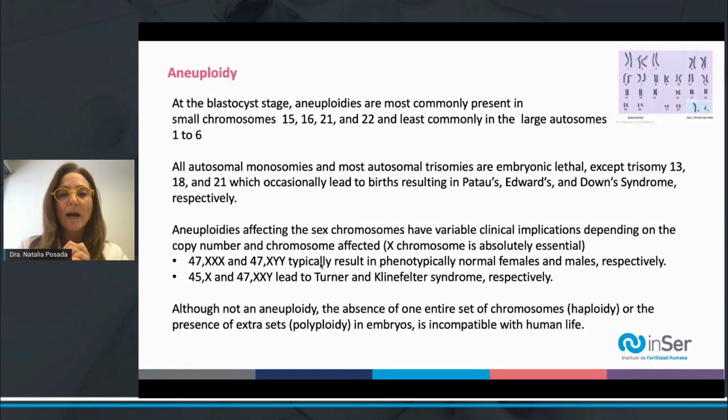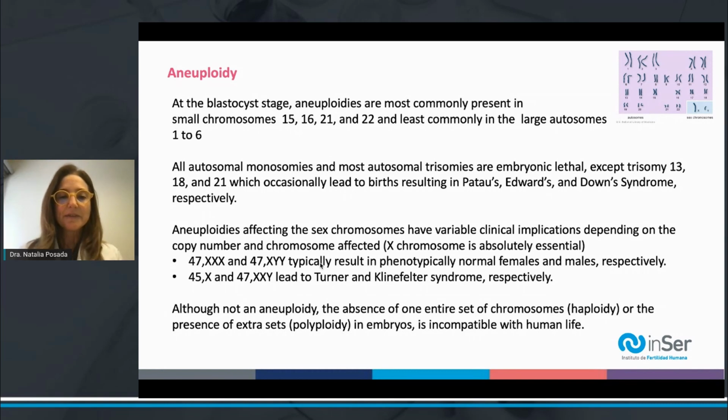That's the reason why there's great interest in always including these three chromosomes, regardless of which chromosomes are analyzed, when we study aneuploidies. When we talk about sex chromosomes, the clinical implications will depend on the copy number variation and the chromosome affected. In other words, an X chromosome is absolutely essential for life.